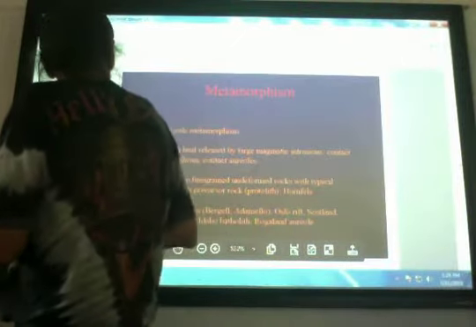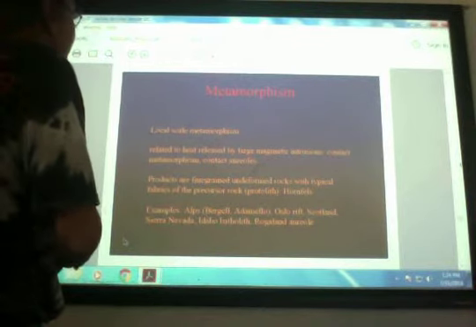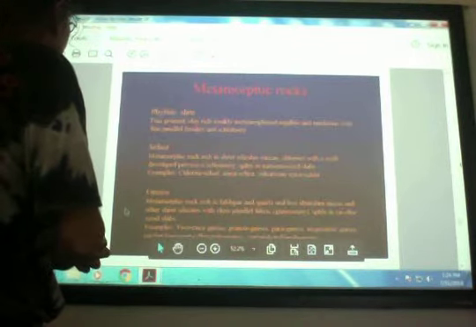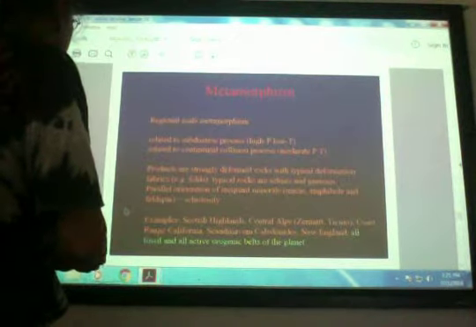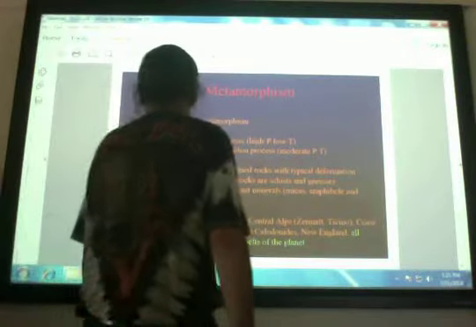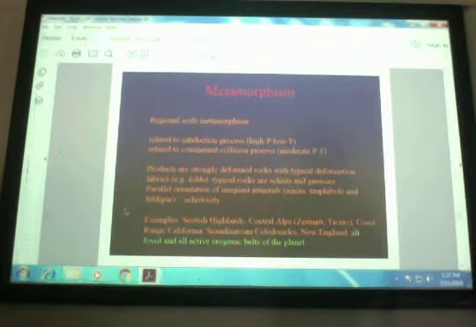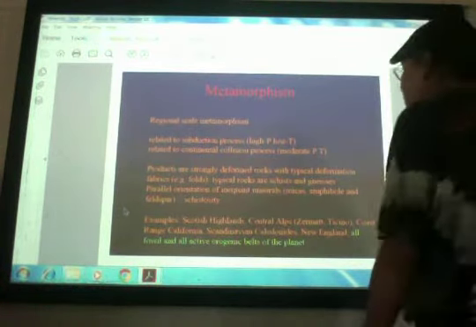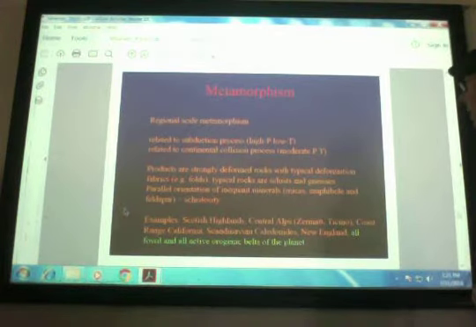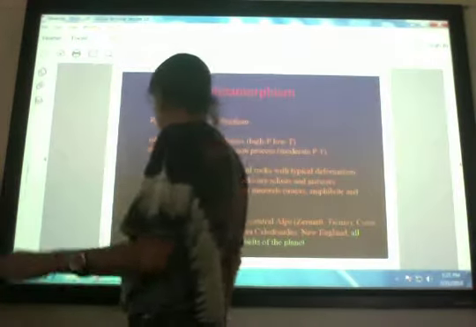Then you have these metamorphic rocks, on the next page. Here you have the examples: the Scottish Highlands, the Central Alps, where we have a lot of rocks lying around from the Alps, the Coast Range in California, the Scandinavian Caledonides and New England. These are all from active orogenic belts on this planet.